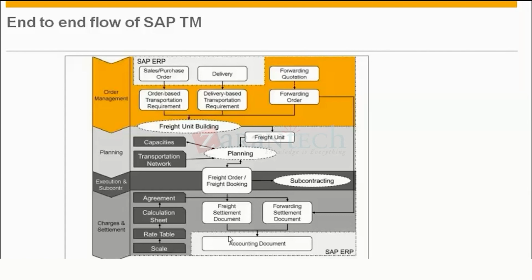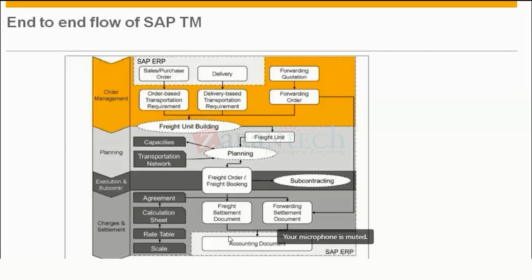Shipment has very limited information. When I open a freight order for you, you will see that there is a lot of information in the freight order, which typically represents a transportation process. If you see the roadmap of SAP TM, and I'm quite sure all of you follow different journals and supply chain magazines, as per the Gartner report, SAP's transportation management is a leading software solution.